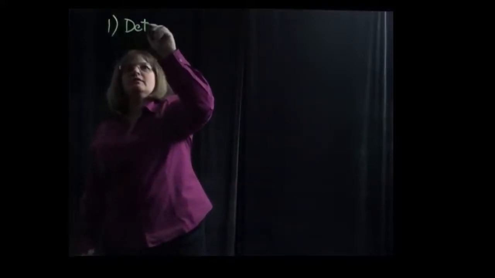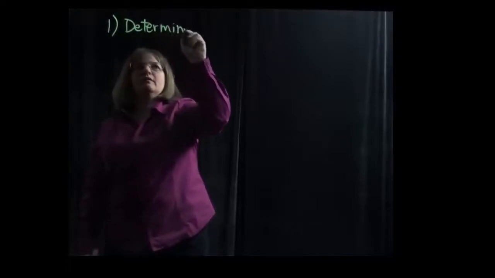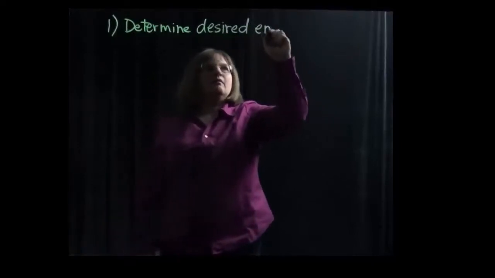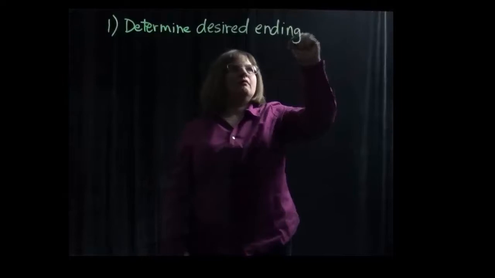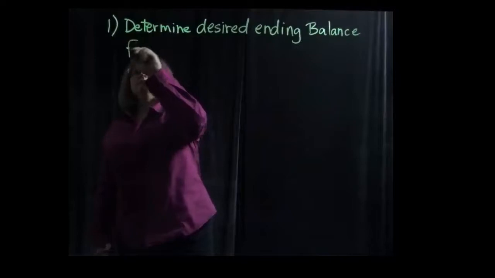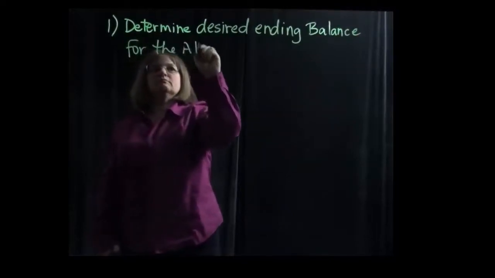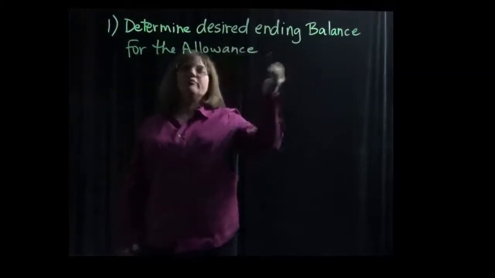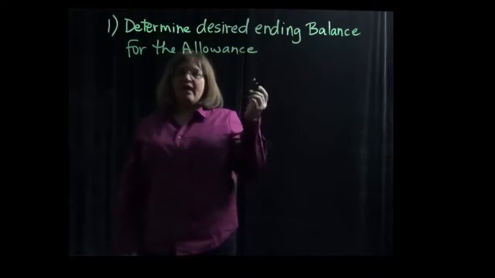Okay, calculating bad debt expense for the year for a company that uses the percentage of receivables method is a two-step process. Basically, first we have to determine the desired ending balance for the allowance account.